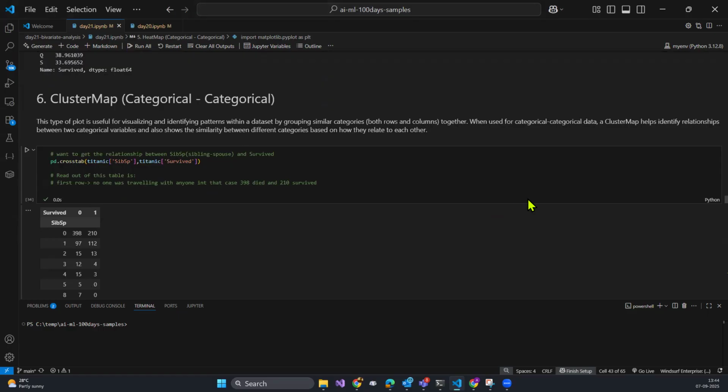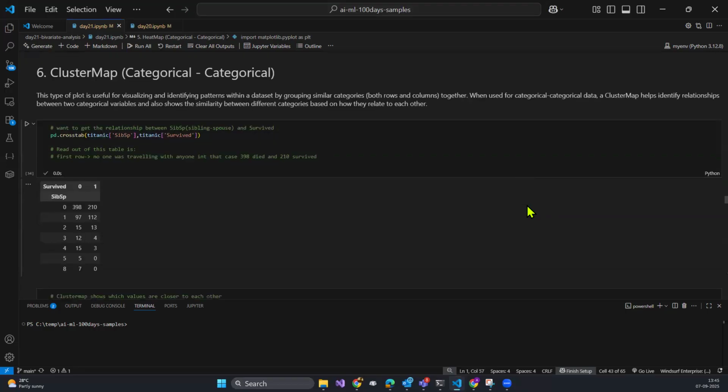We use it when we have categorical to categorical data. It helps identify the relationship between two categorical variables and also shows the similarity between different categories based on how they relate to each other.